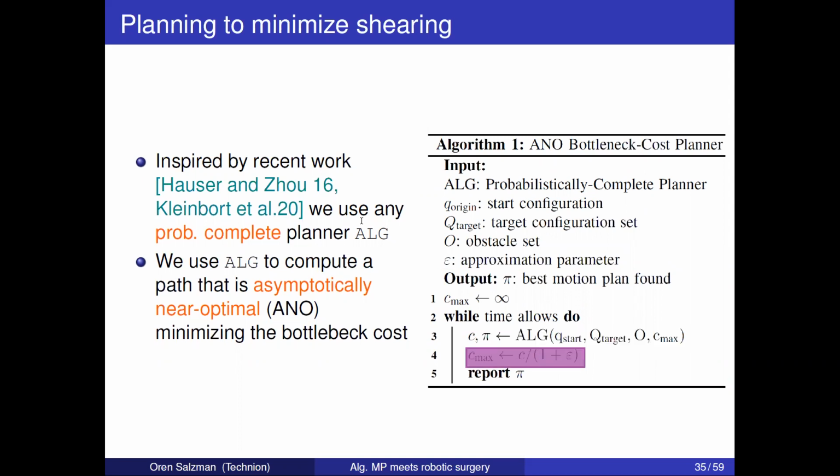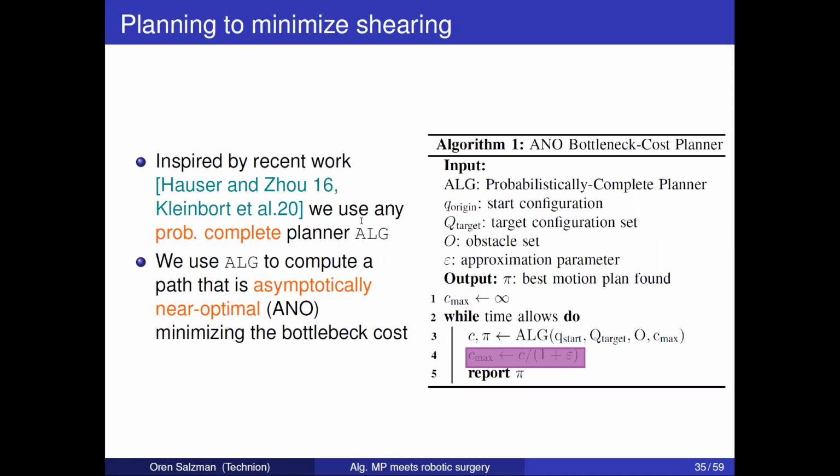Then we're going to divide the upper bound on the cost by 1 plus epsilon and rerun the algorithm, while considering every point that applies more than this amount of force as an in-collision point.